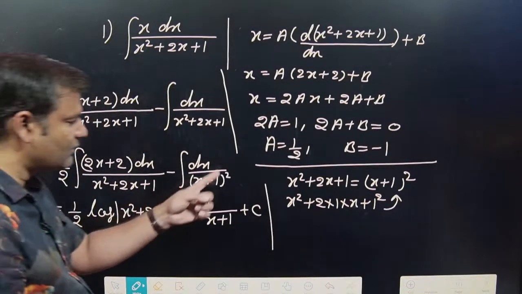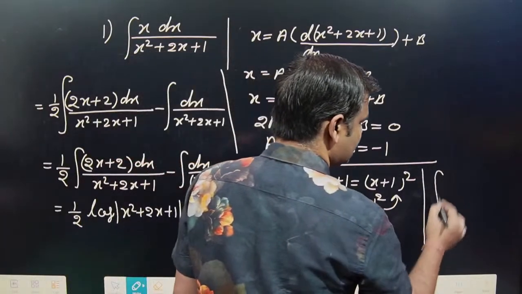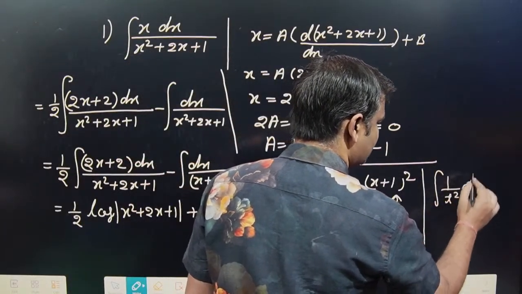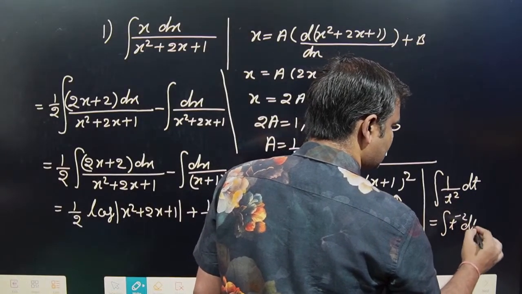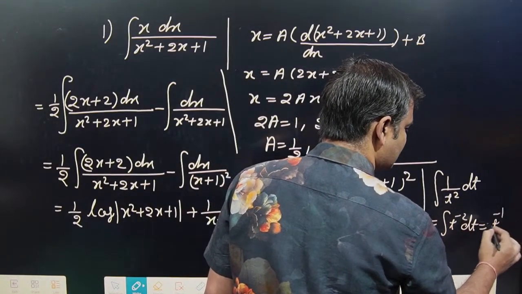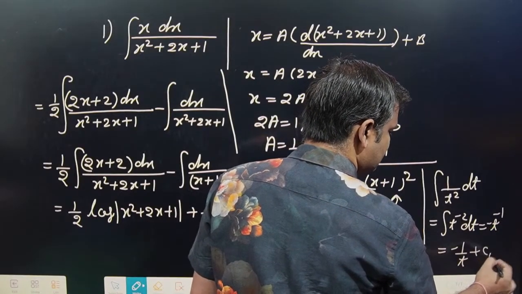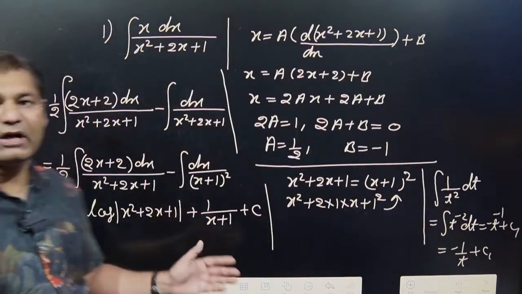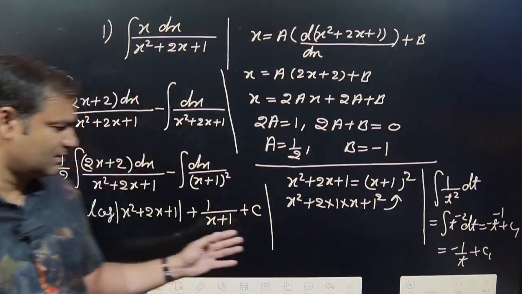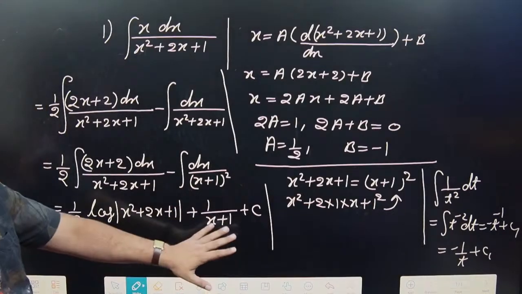If anyone has a doubt why this is so: t to the power minus 2 dt gives t to the power minus 1, so minus 1 by t plus constant c1. I hope it is clear. Here t is x plus 1, so replace t with x plus 1. So that is the final answer.